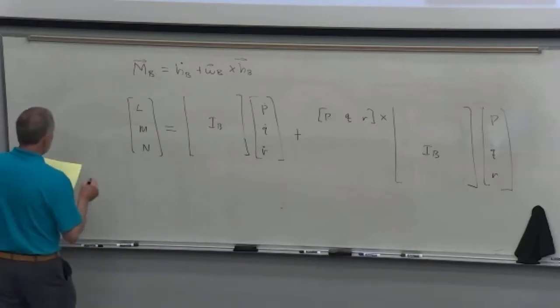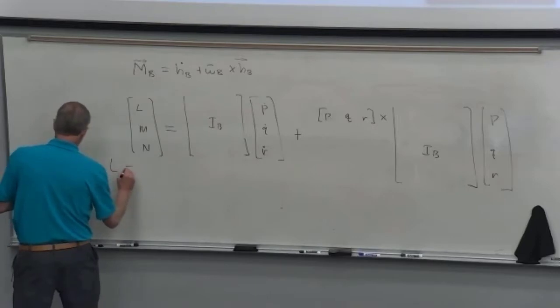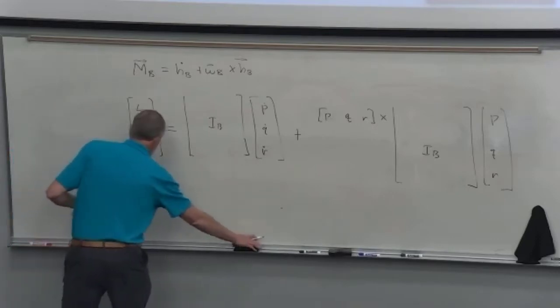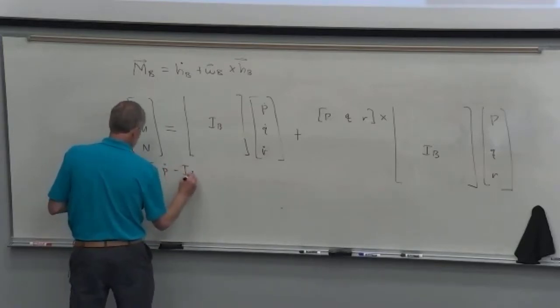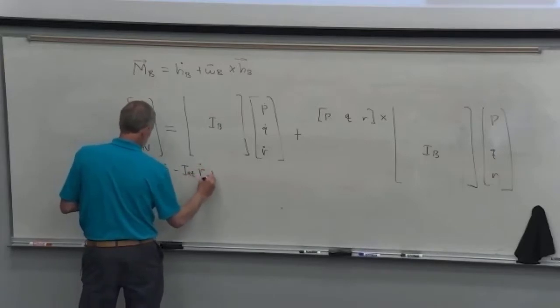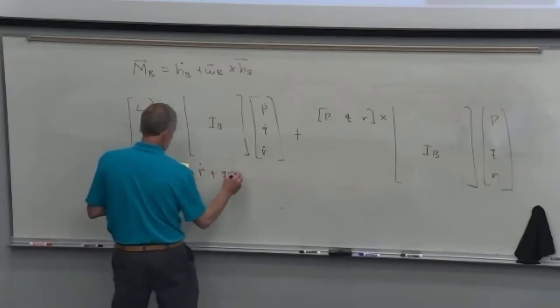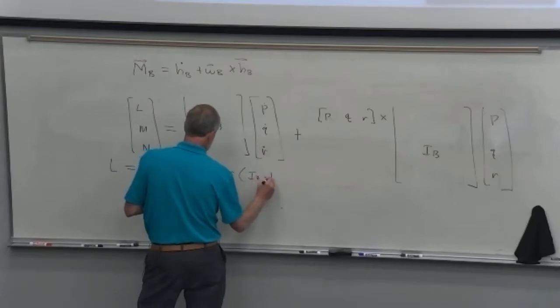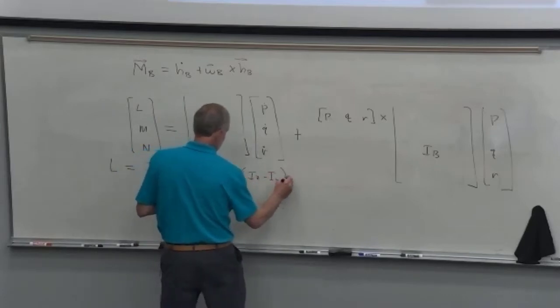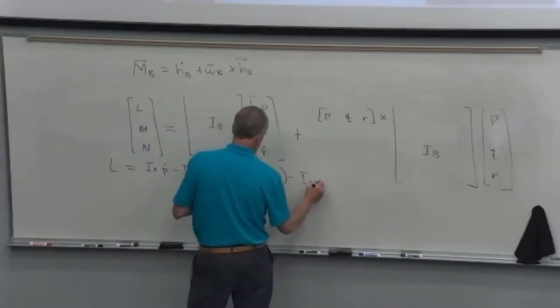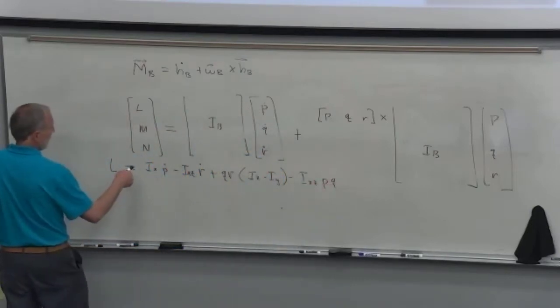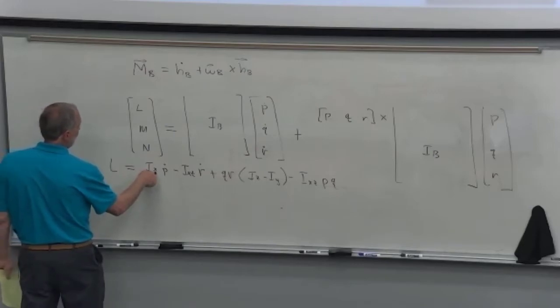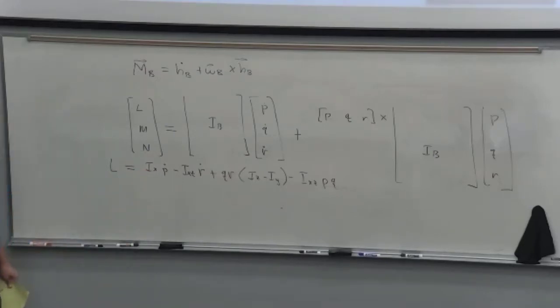And so when you're done with the symmetry here, you should get these equations. And notice this is from the book. I tend to write IXX, and he shortens it to just IX in the book.